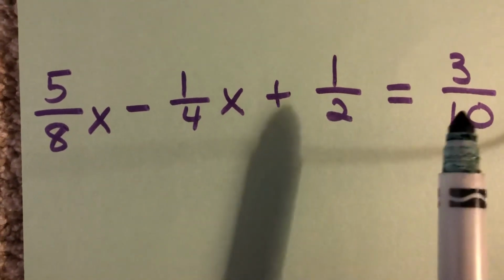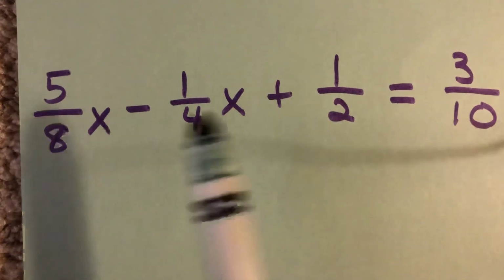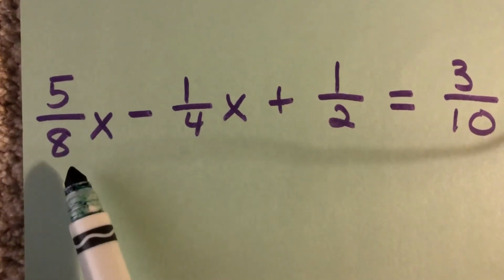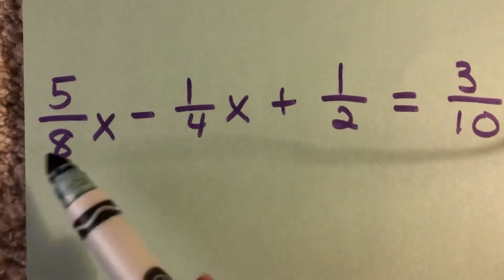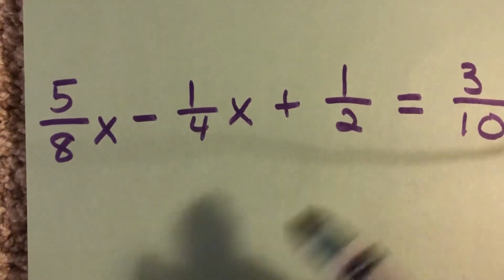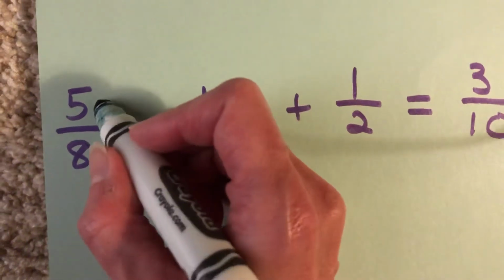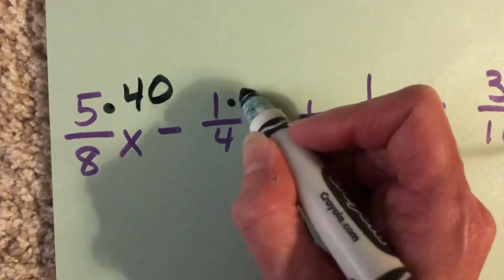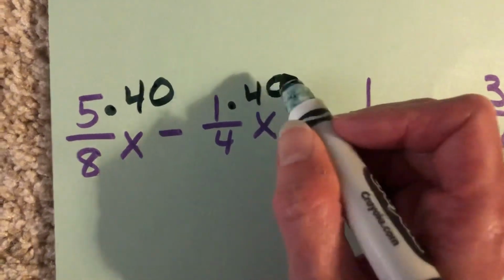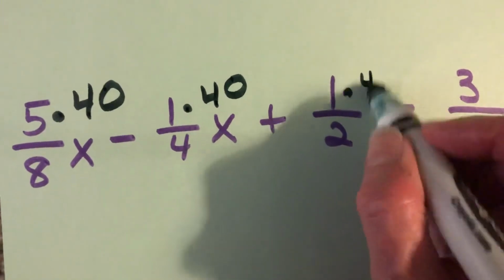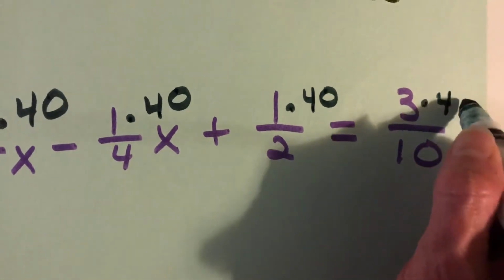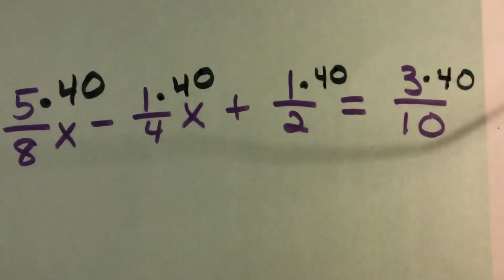So 10, 20, 20 is not divisible by 8, 30 is not divisible by 8, but 40 is divisible by 8 and 4 and 2. So what I'm going to do is clear all of my fractions by multiplying every single term by the least common denominator.